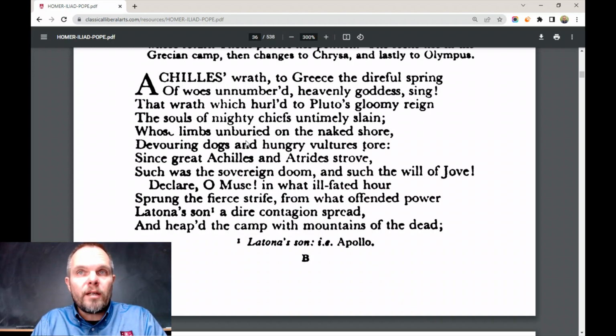Since great Achilles and Atrides strove, such was the sovereign doom, and such the will of Jove."